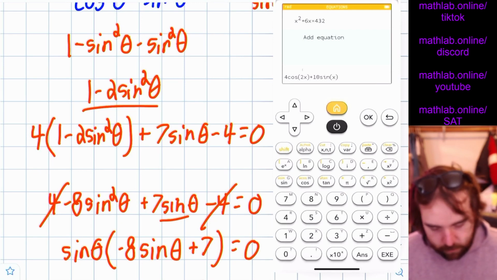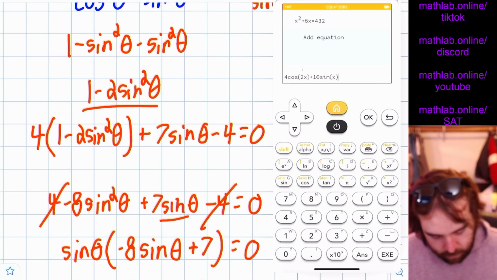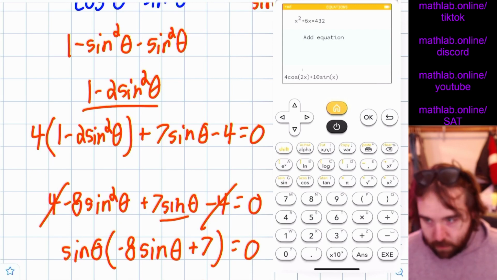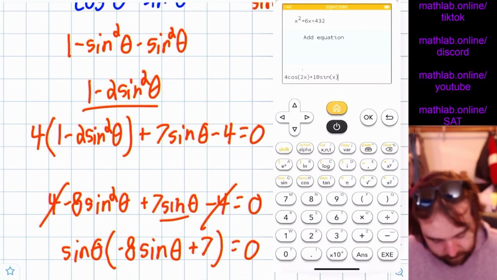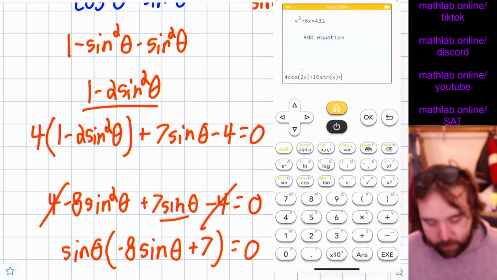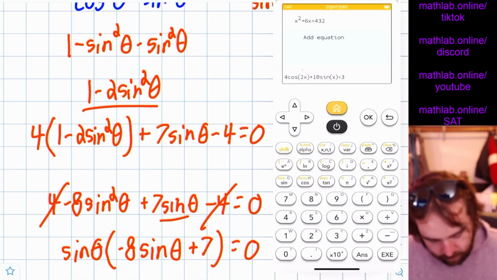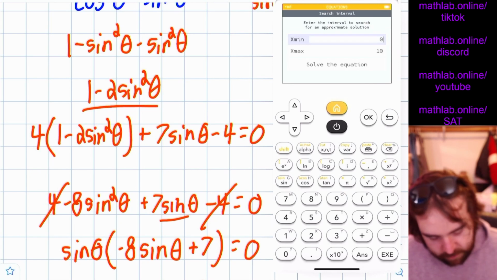Sine of x. I guess I should have just written 7 there in the first place. But equals 3 sine of x plus 4. Enter. Solve, please.